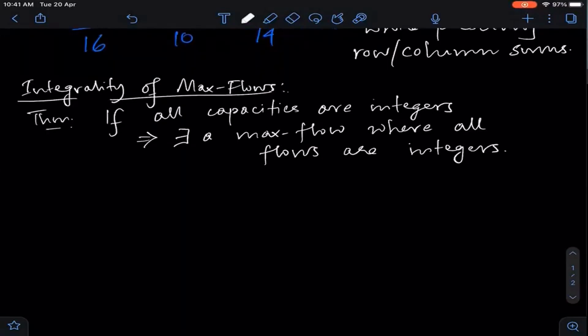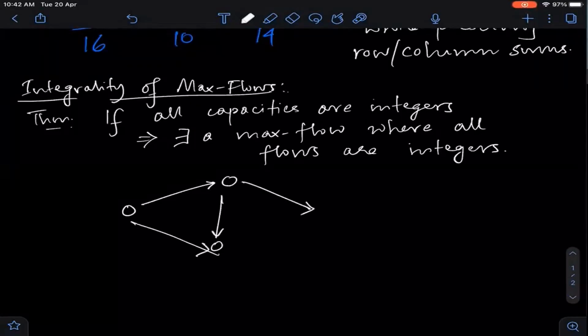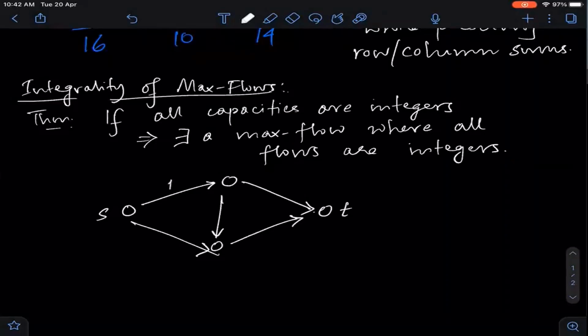But you might be. So let's see. Let's try to find an example where a fractional flow is actually optimum. Okay, let's see if I can make an example like that. S, T. Okay, so suppose this is one, this is one, this is one, this is one, and this is one.